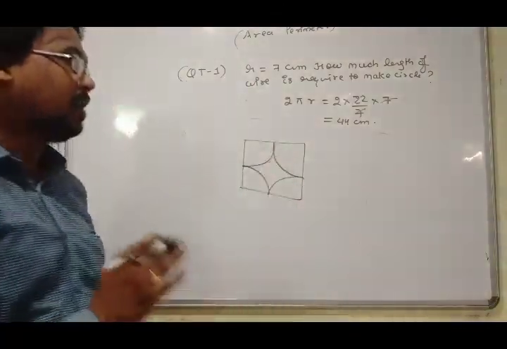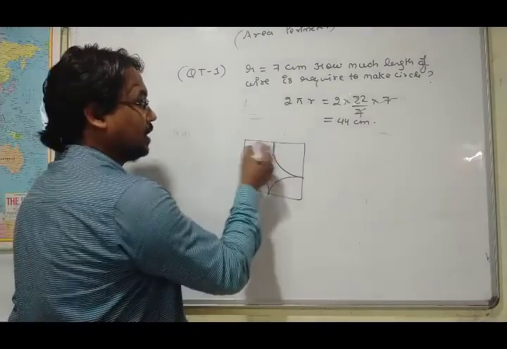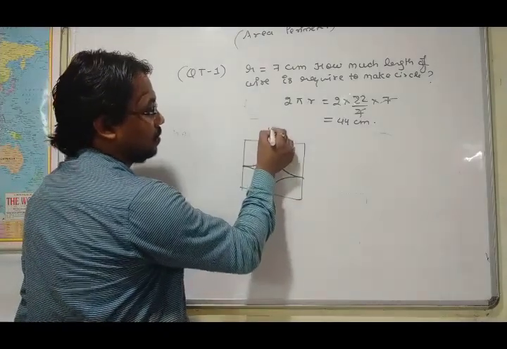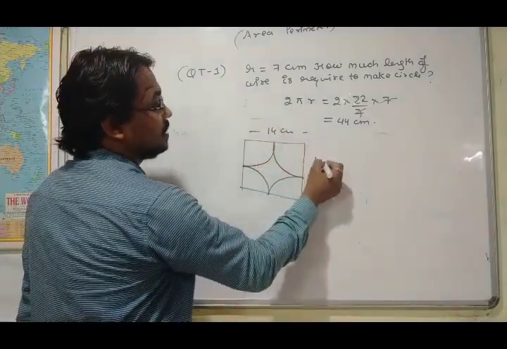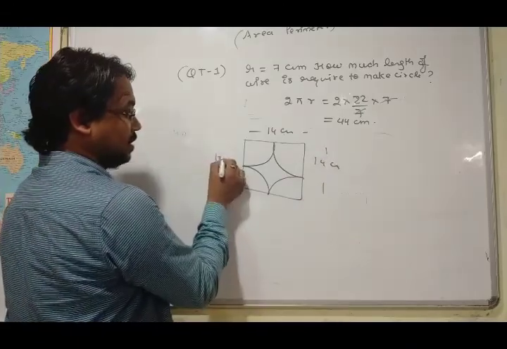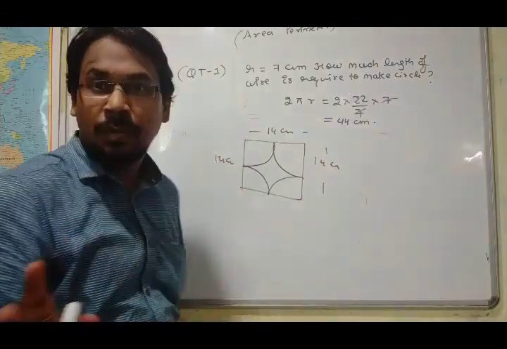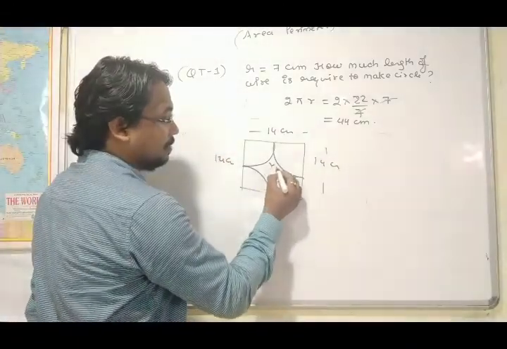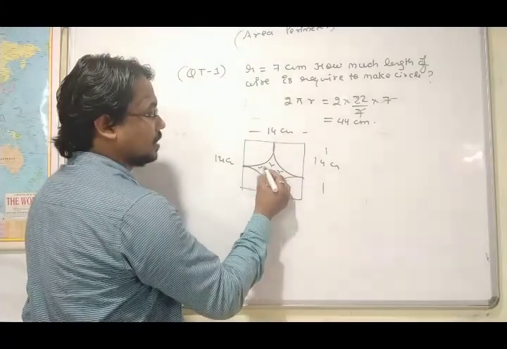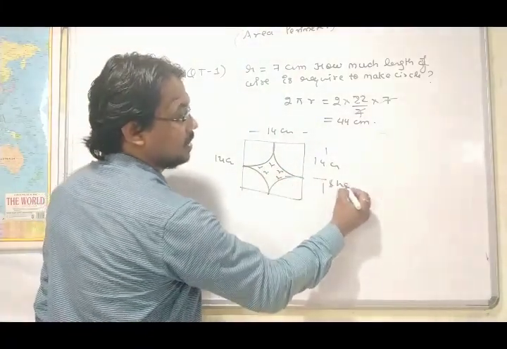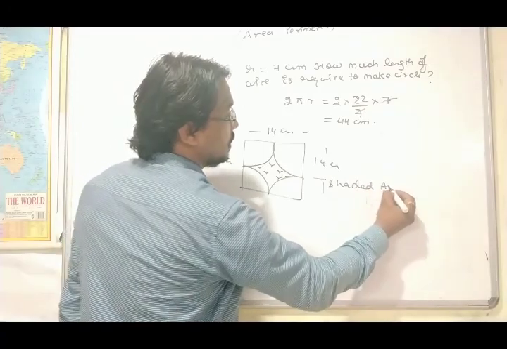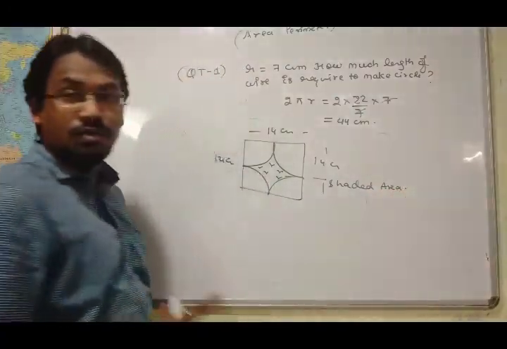They will say each side is 14 centimeter, 14 centimeter, 14 centimeter, and they will ask in your paper what area will be left. This is the shaded area, they will ask the shaded area.